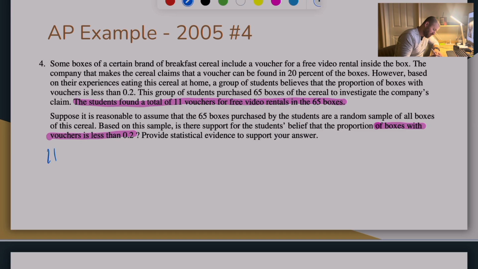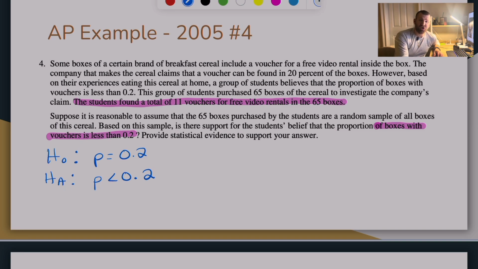For my hypotheses, my null hypothesis is that P equals 0.2. My alternative is what I'm trying to show here, that P is less than 0.2. Remember, your null is always written as an equal to statement, and your alternative is always written as an inequality statement.